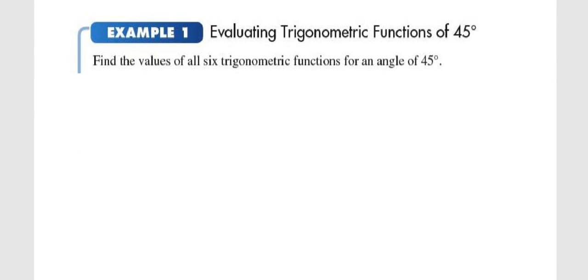So, let us go back to our geometry days. Yes, you can eat that. Okay, so if we have a 45-degree angle, what kind of cool triangle is this? 45, 45, 90.